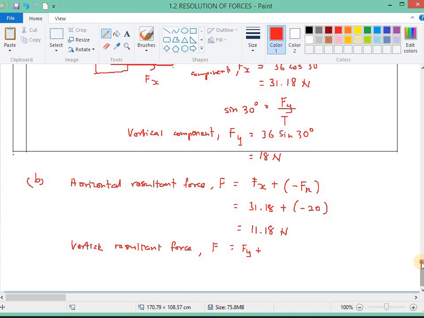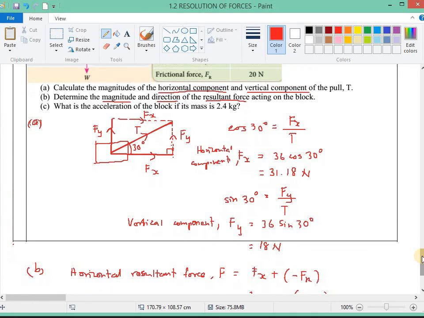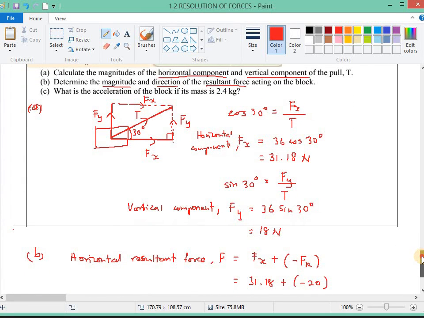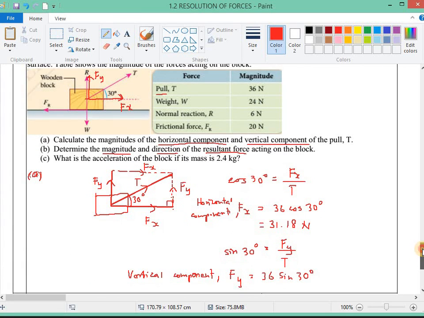plus the weight. The weight given is 24 Newton.